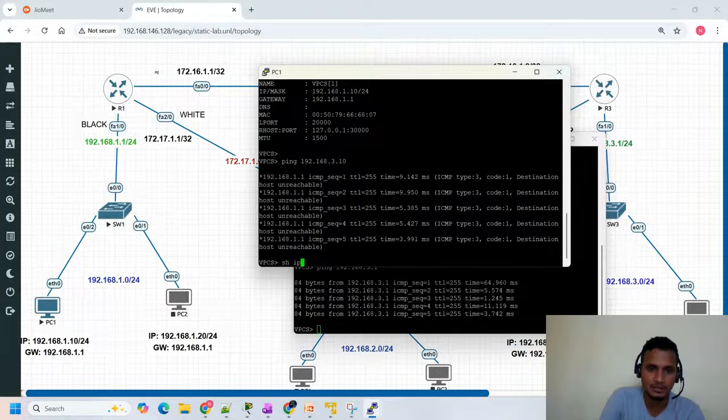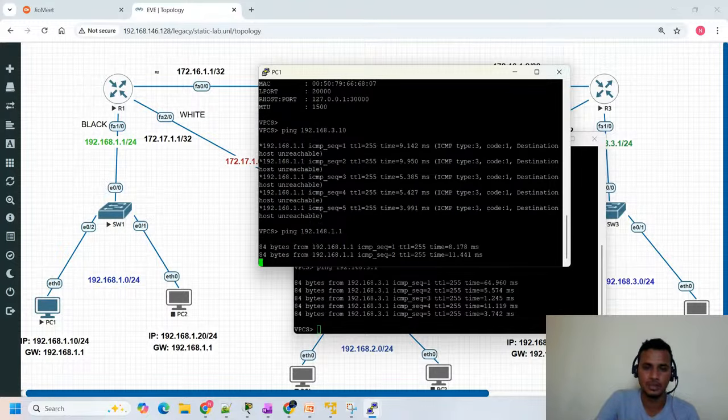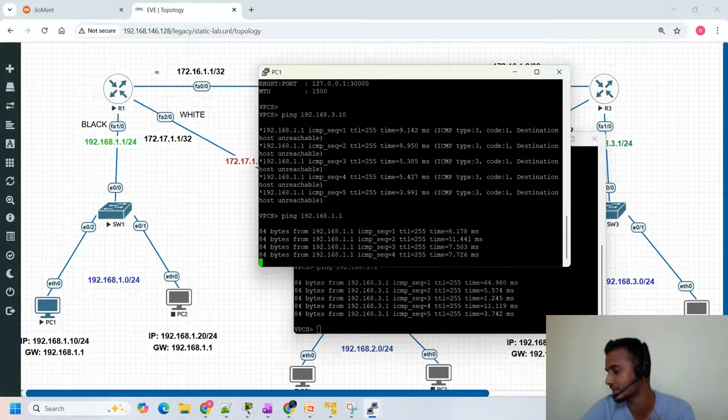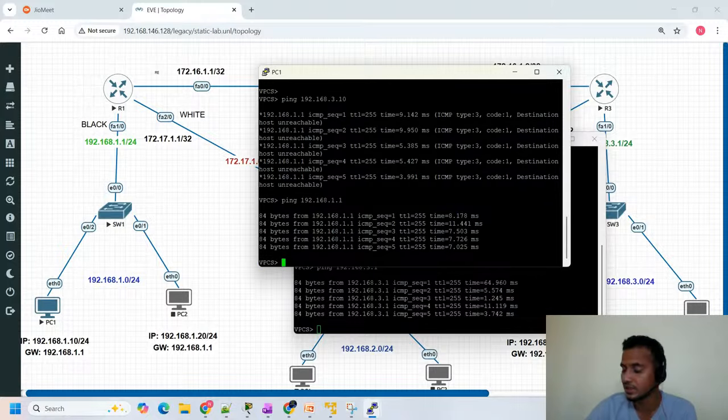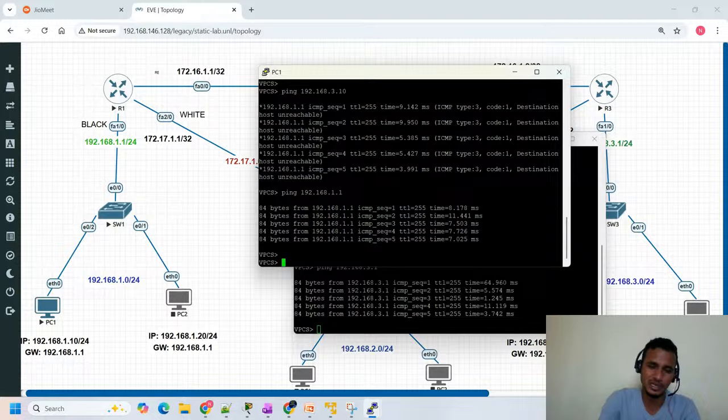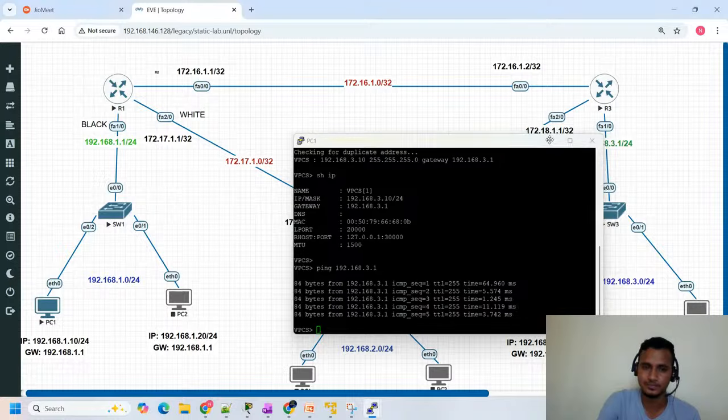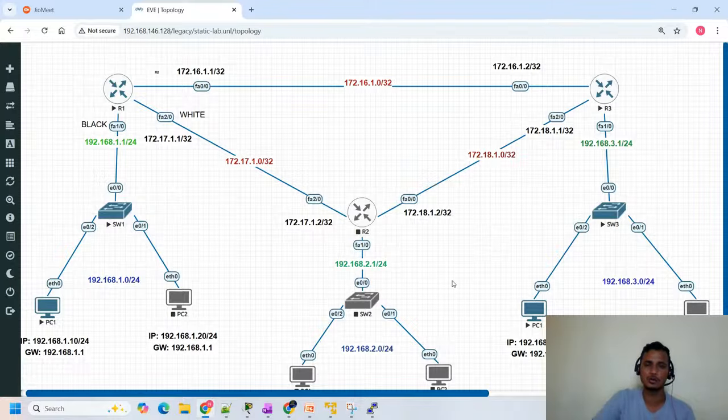When I try to ping my gateway 3.1, I'm able to ping. But when I try to reach the destination machine, it's not going to communicate because we don't have a route. You can also perform a traceroute, but still it is not going to work. Why? Because we don't have routing in place. So let me tell you how to do the routing now.